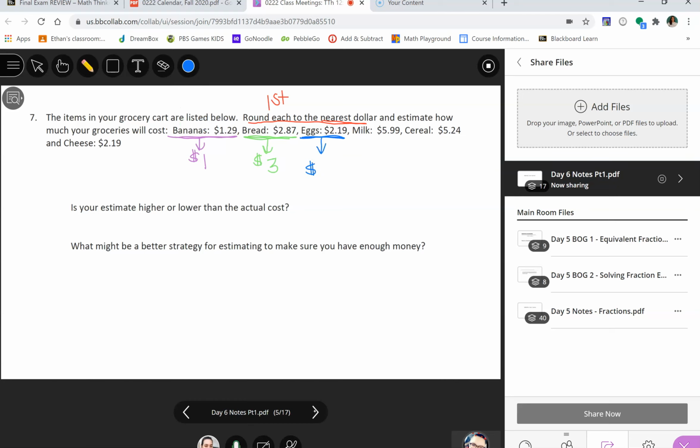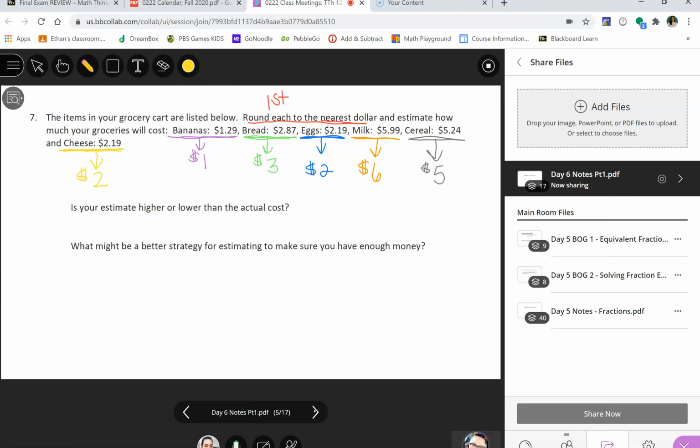That's going to round down to $2 and keep going. Got milk. $5.99. That's going to round up to $6. And then we have our cereal. $5.24. And one more. We got cheese going on over here. Cheese. I love cheese.